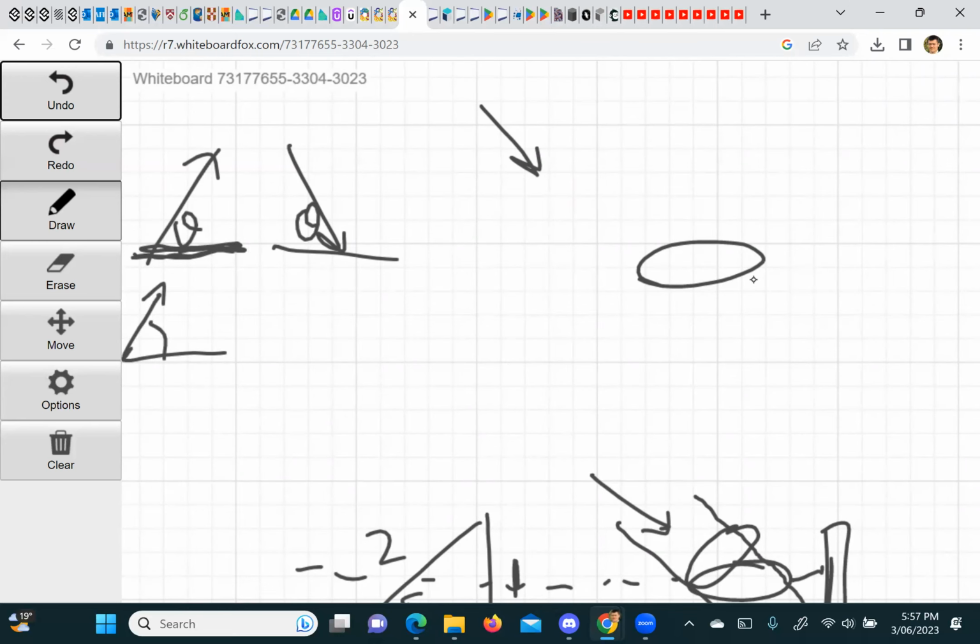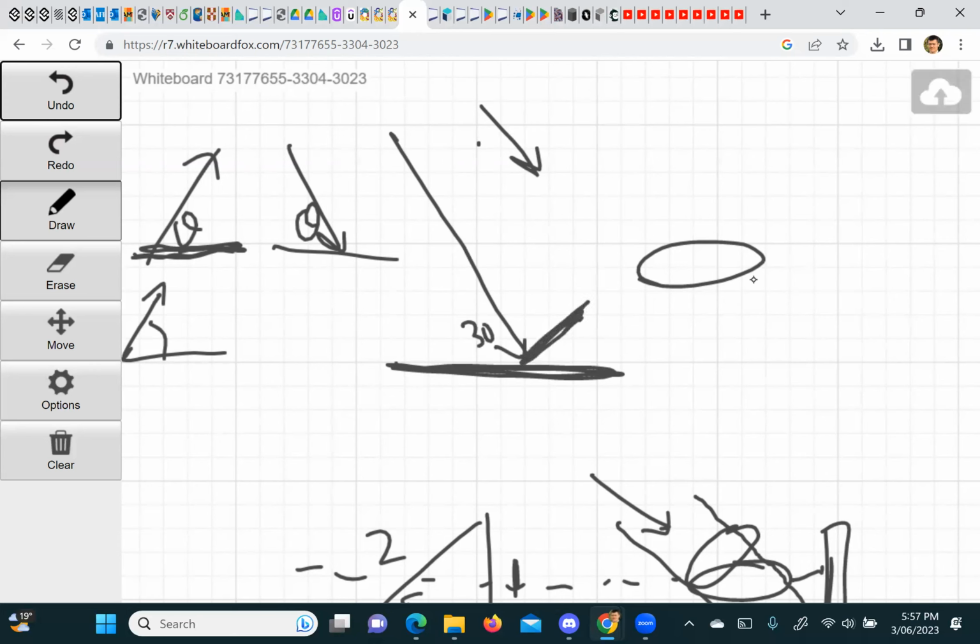And so what does the ball actually see? If that's the horizontal ring, and the ball's coming in at 30 degrees, it only sees sort of a column.